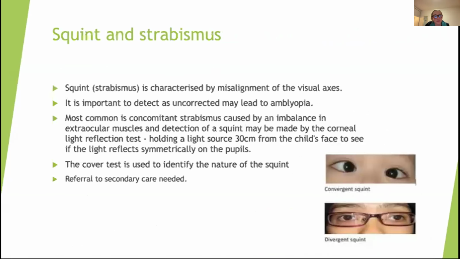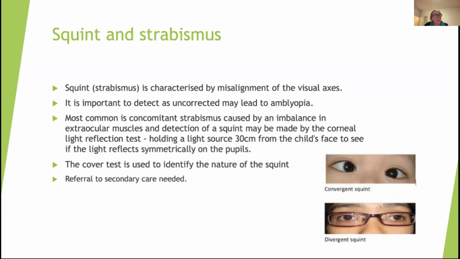So squint, or strabismus for the medical term, is when you get misalignment of the eyes. It's really important to correct, because if you don't correct it, it can lead to amblyopia, which is the medical term for lazy eye. And you can either have a convergent or a divergent squint.